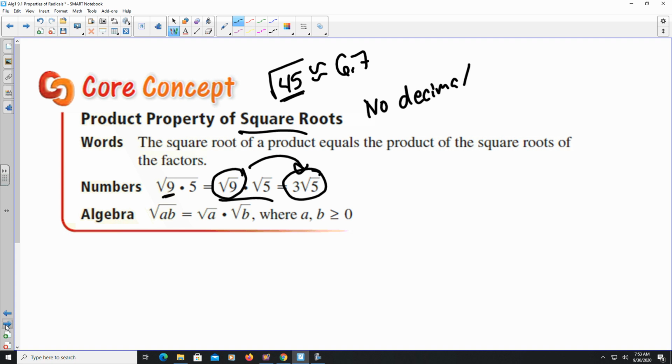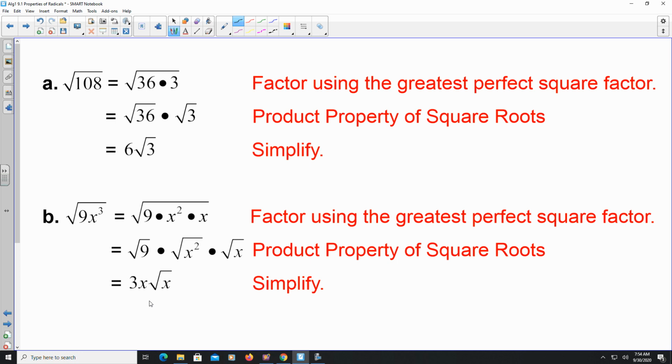So we can break these up into a series of products, and then eventually we can simplify them. We're going to show some examples of how these are simplified. If you look at these two examples, this first one is the square root of 108.